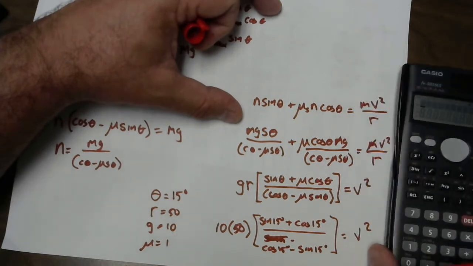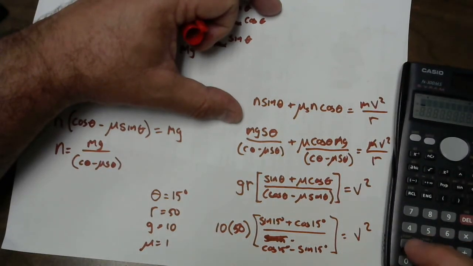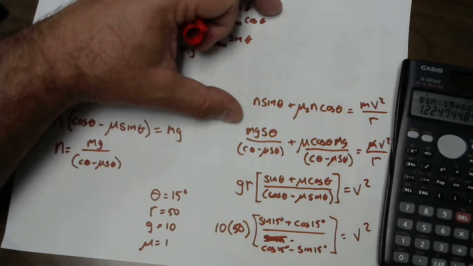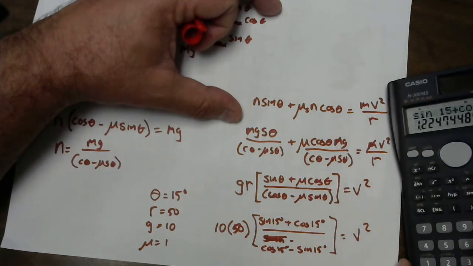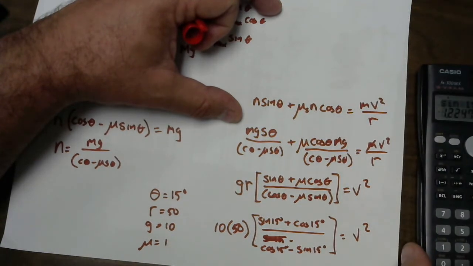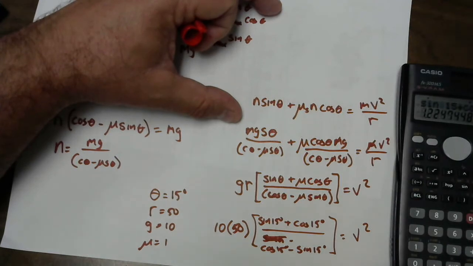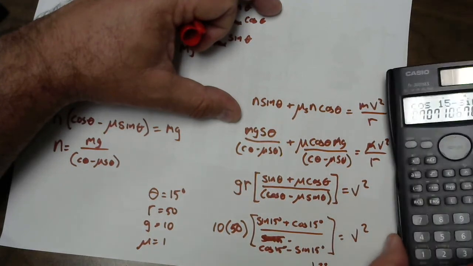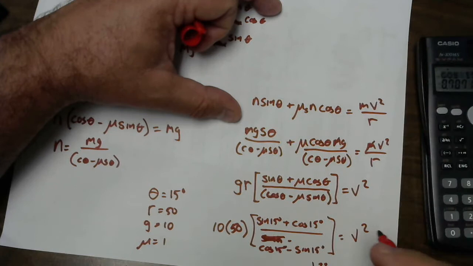Here we go. I have to do sine 15 plus cosine 15 equals, okay, the top is 1.22, and then I'm going to write that down right here, 1.22, and then on the bottom, cosine 15 minus sine 15 equals 0.707.